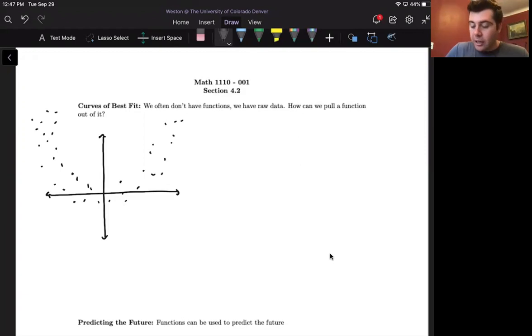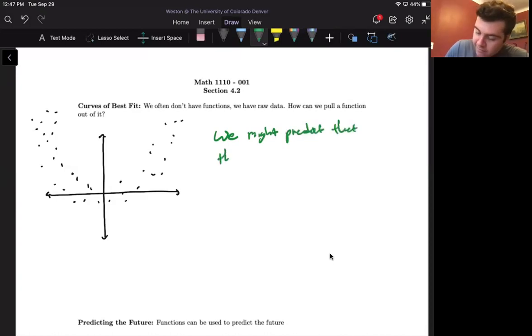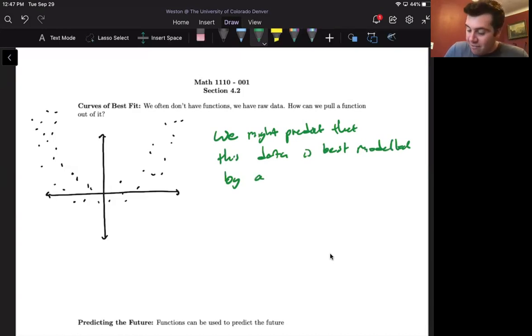And we're not quite sure what function would be best suited for this, but we might predict that this data is best modeled by... pause the video and fill in this blank. All right, and coming back, we would find that it's best modeled by a quadratic.